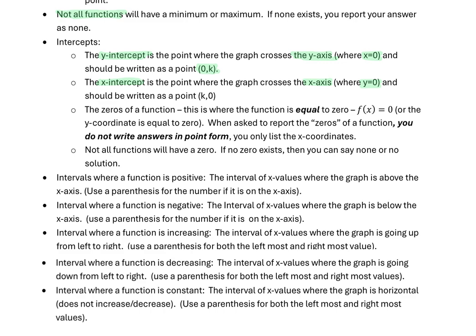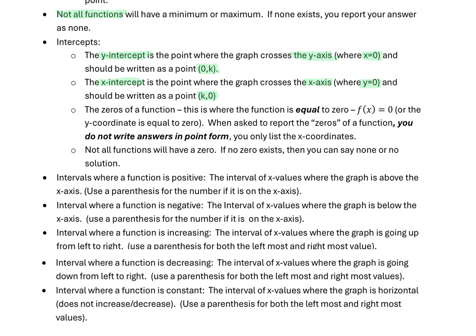This is where y equals 0, and should be written as k, 0. One of the things to note when you're being asked for intercepts, we usually talk about x and y, but when we get into application problems, we may be asked for a c-intercept or a t-intercept. And when we look for intercepts, we always plug in 0 to the other variable. So for instance, x-intercepts, we plug in 0 for y. Y-intercepts, we plug in 0 for x.